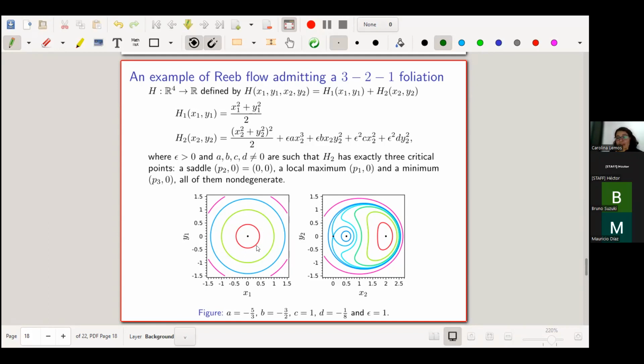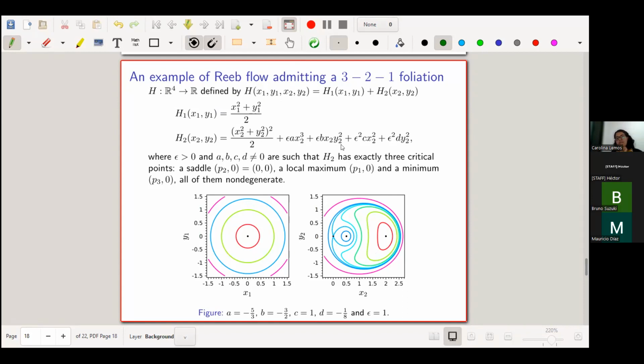So you have one symplectic plane here and another symplectic plane here. In this part, it is very simple: the energy levels will be circles. And in this other symplectic plane, it will be this polynomial, depending on 4 parameters and another parameter epsilon, and the idea is that this epsilon will be very small.